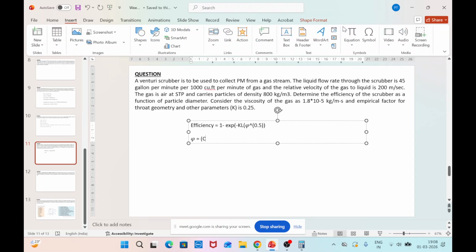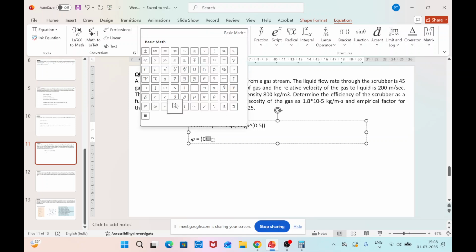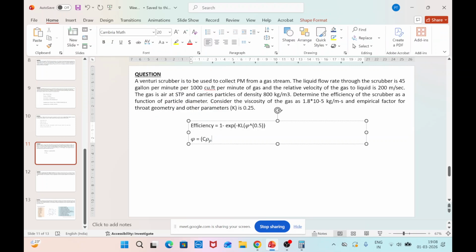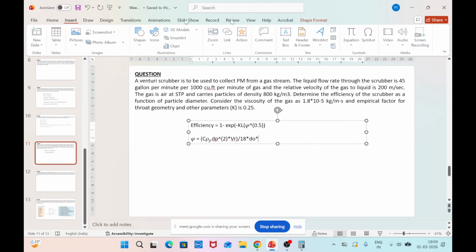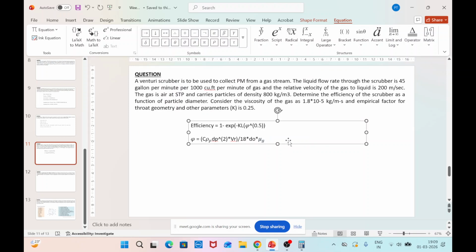Psi is C times rho of the particle times dp square, so that is diameter of the particle, times Vr by 18 d0 times mu g, which is the viscosity of the gas.